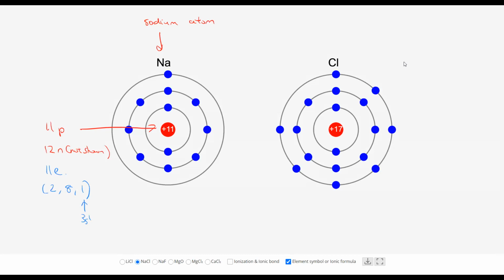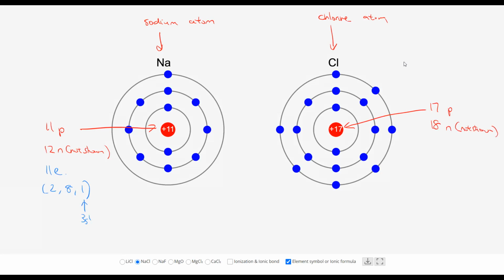Over on the right, we've got chlorine. This is chlorine because right now it's a chlorine atom. It's an atom because, being chlorine, it's got 17 protons. Depending on which chlorine you've got, it's probably got 18 neutrons. Again, not shown and not important for us. Doesn't matter if it got 18 or 20.